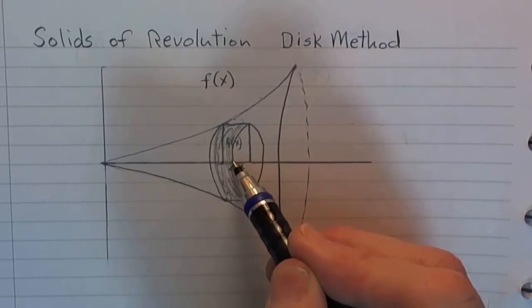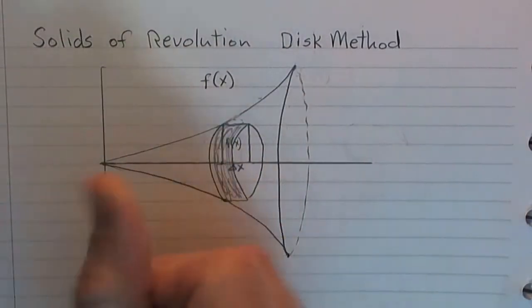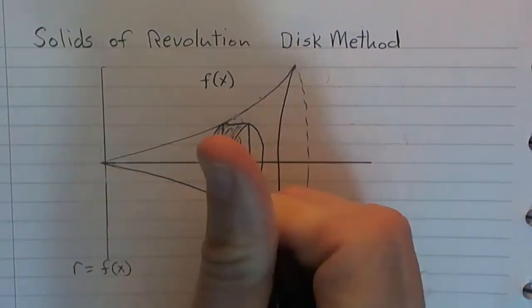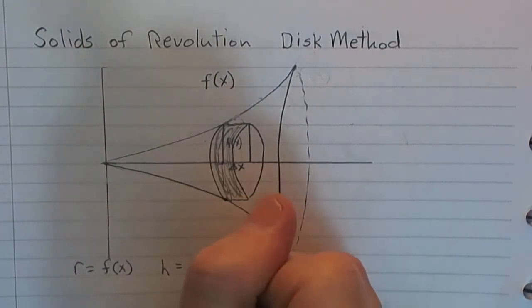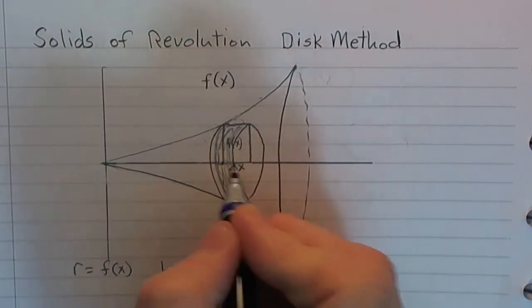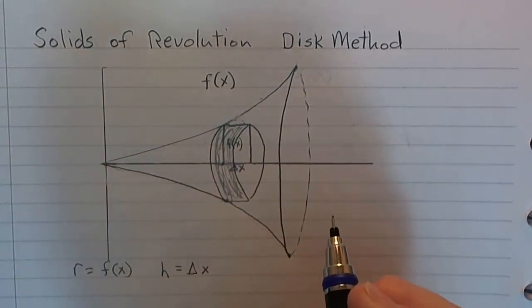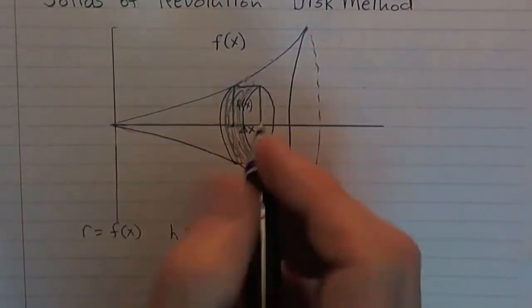Now, think about what is the volume of this disk right here. Well, it's got a radius, right? The radius is going to be f of x, right? So we've got r equals f of x, definitely. And what is the height? The height is delta x, right? See, the height of this disk would be the same as the width of the rectangle. And we know how to get the volume of a disk.